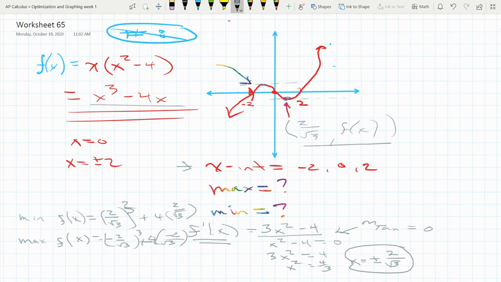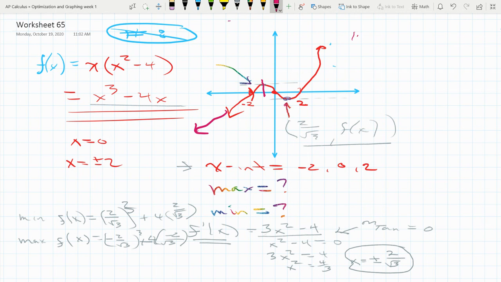And so we'll just take, let me change colors here, or pens. Let's do purple here. So we know that this thing is increasing from here down this way.